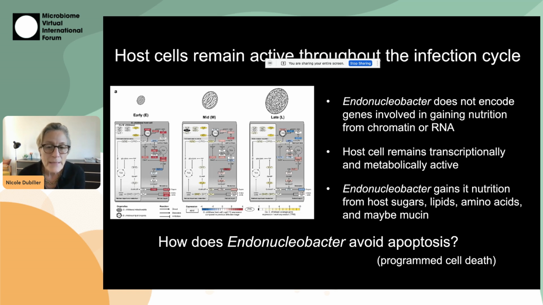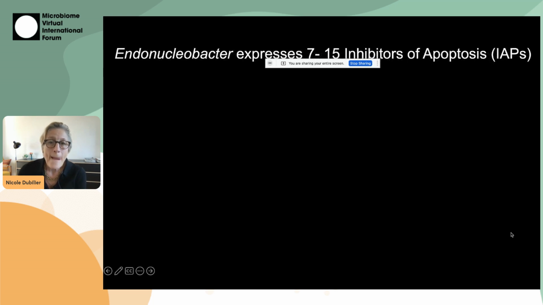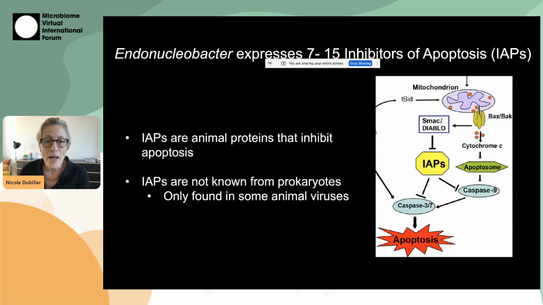We finally asked, how does the pathogen avoid apoptosis? Apoptosis is programmed cell death, and that's one of the first responses that animals have when they're infected by viruses or bacteria, by pathogens. We were very surprised to find that Endonucleobacter expresses as many as 15 inhibitors of apoptosis.